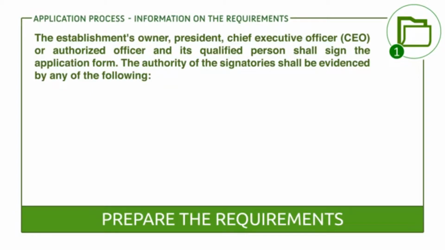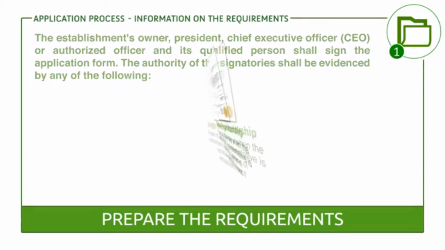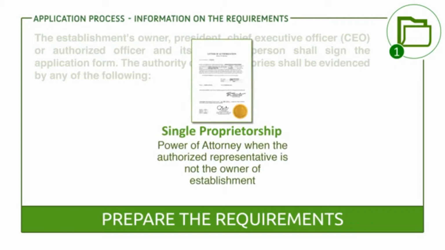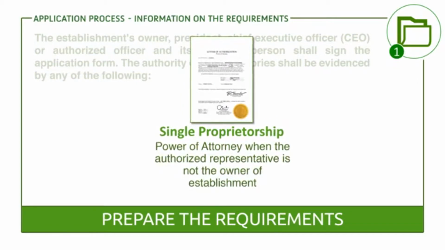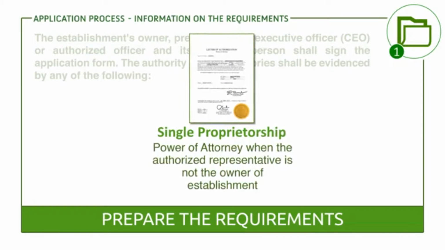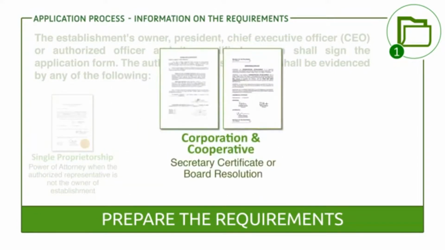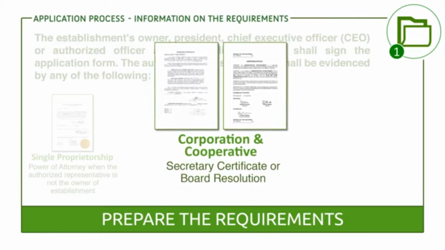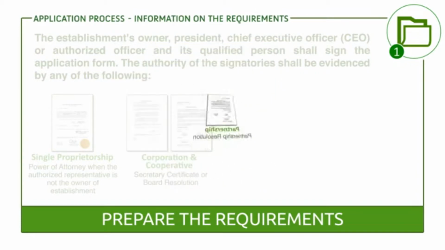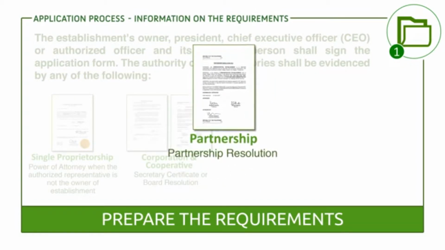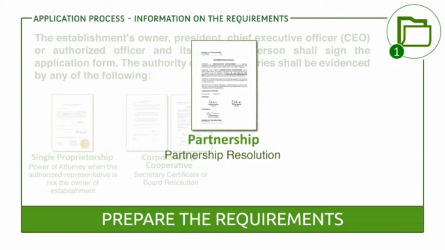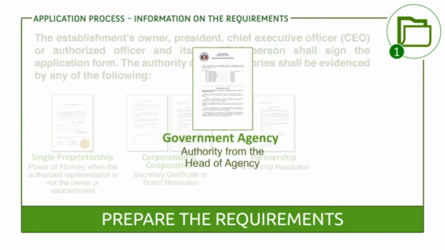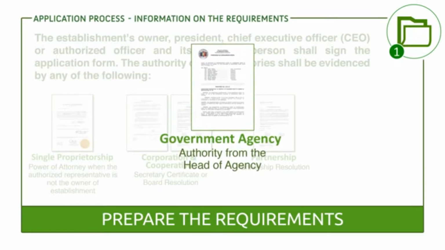The authority of the signatories shall be evidenced by any of the following: for single proprietorship, power of attorney when the authorized representative is not the owner of the establishment. For corporation and cooperative, secretary certificate or board resolution. For partnership, partnership resolution. For government agency, authority from the head of agency.